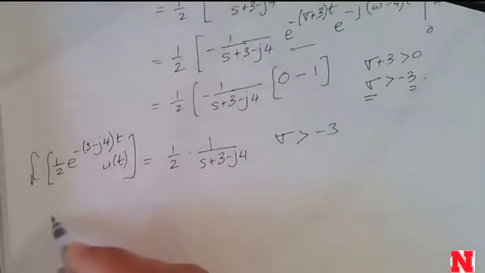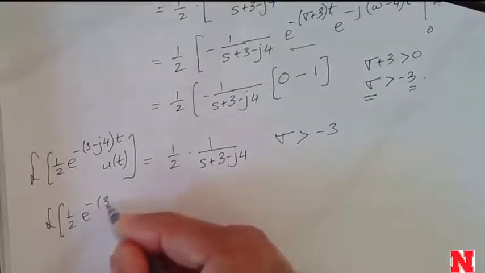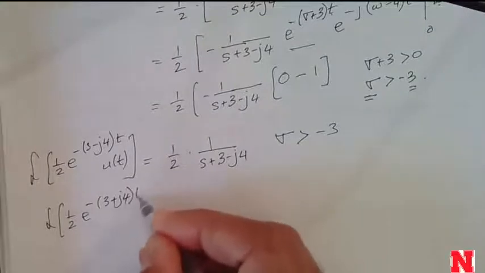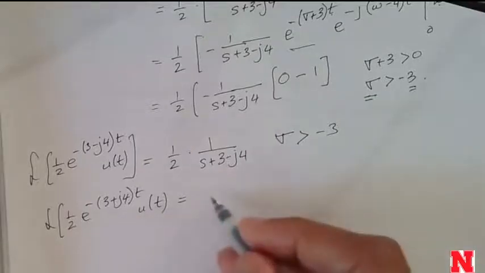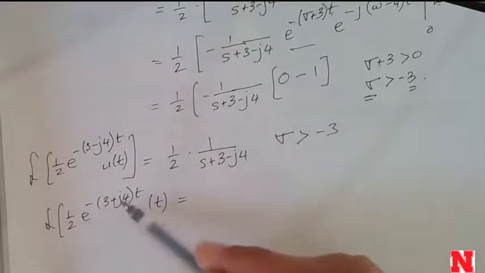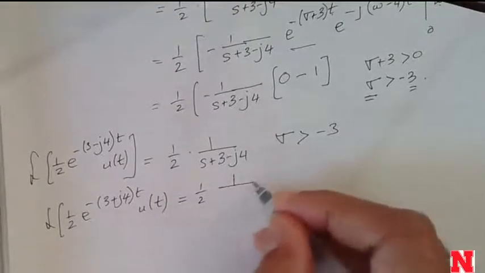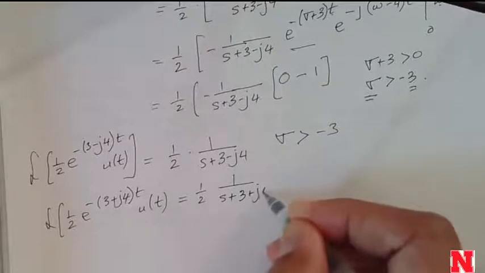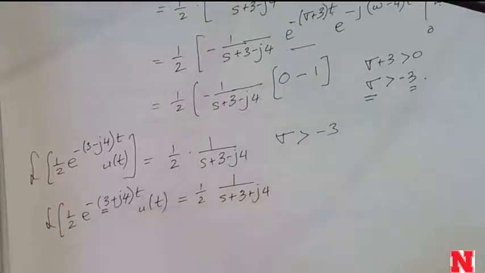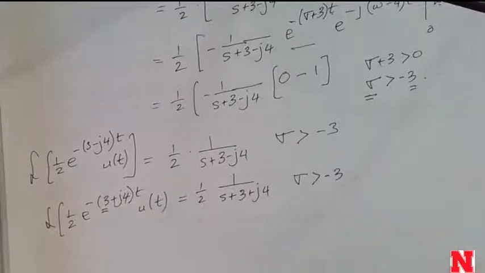And now if I look at the Laplace transform of 1/2 e to the minus 3 plus j4 t u of t, I'll get, again, I have e to the minus at u of t, so I'll get 1/2 1 over s plus a, so this will be 1 over s plus 3 plus j4. And the region of convergence will only depend on the real part, right? So again, I'll get sigma has to be greater than minus 3, right?